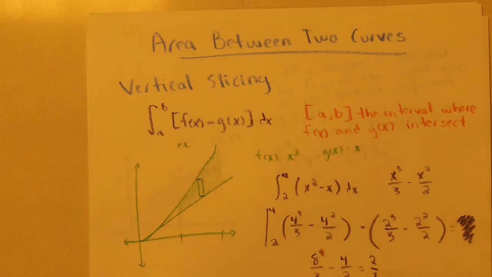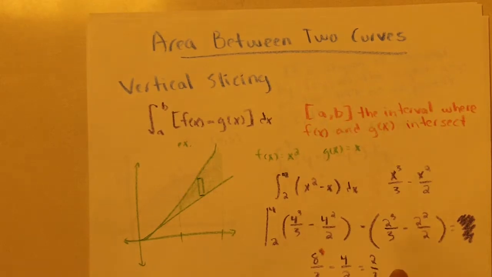Then you would plug in your two points and subtract them from one another. So you would plug in 4 into the antiderivative you got, and then you would plug in 2 and subtract your answers. You would get 2 over 3 at the end.